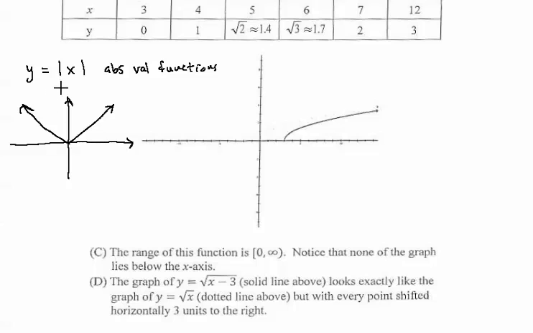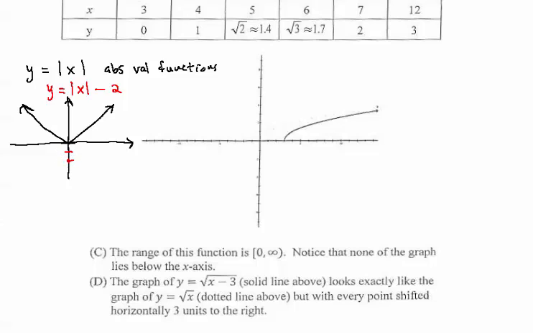Now, if we were to change it slightly and instead write absolute value of x minus 2, then with the minus 2 outside the absolute value bars, this is going to move our parent function, this black curve, down 2 on the y-axis.